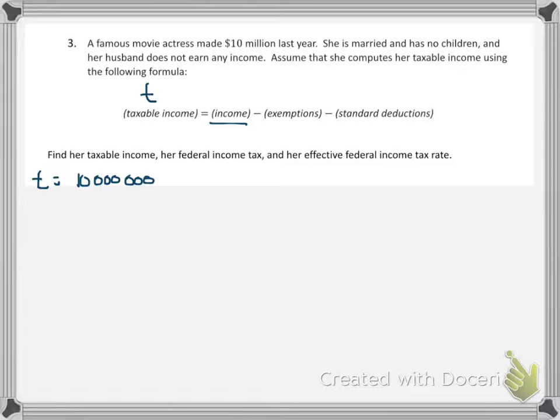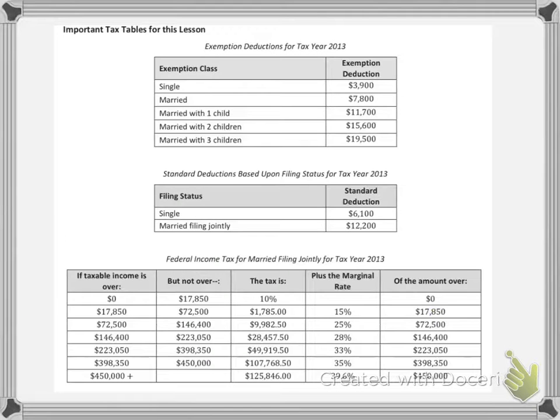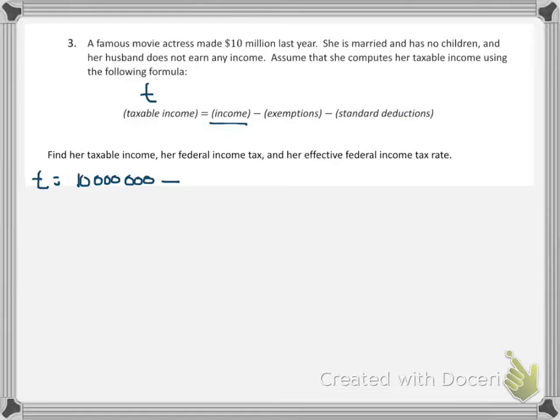Taxable income: the total income is 10 million, and then we're going to take away exemptions. The first exemption is, remember, she is married, no kids. So let's go to our first table, and we're looking for married, no kids. The first deduction is $7,800, so I'm going to take away $7,800.